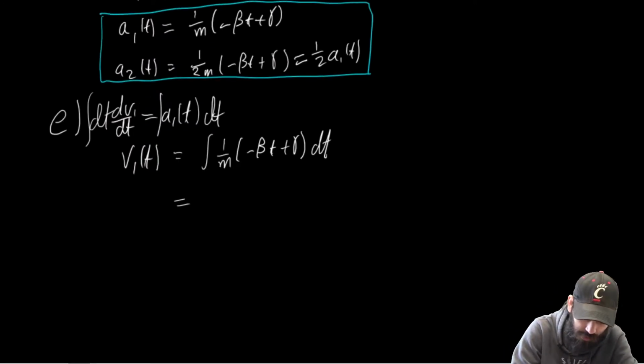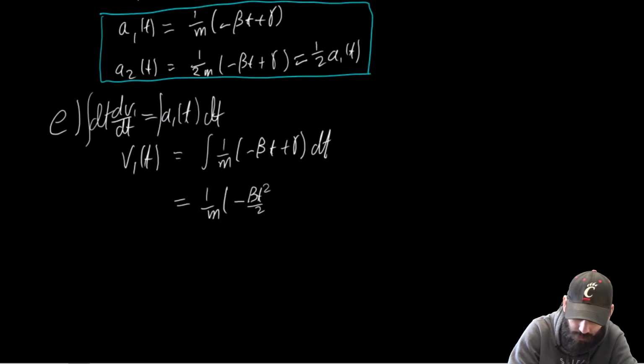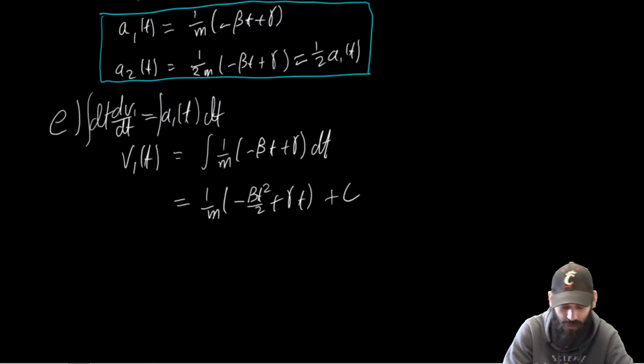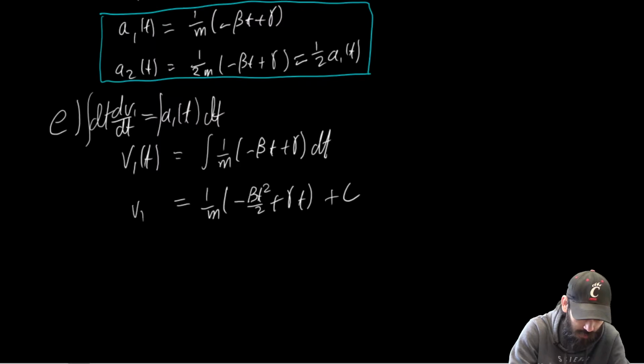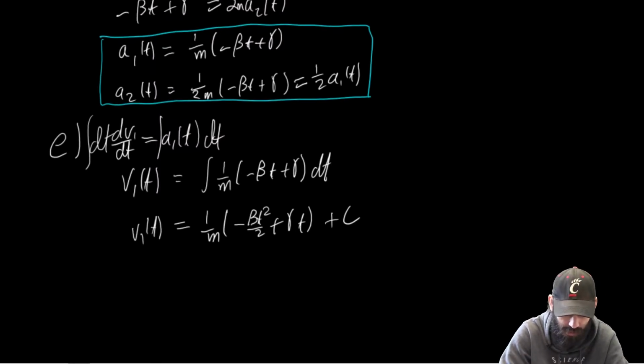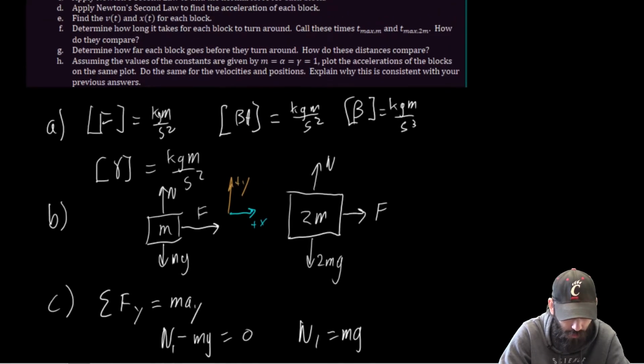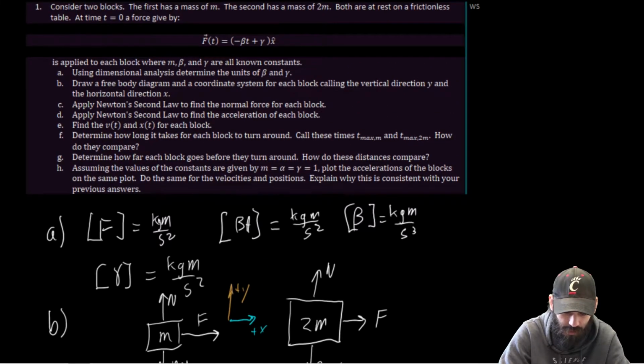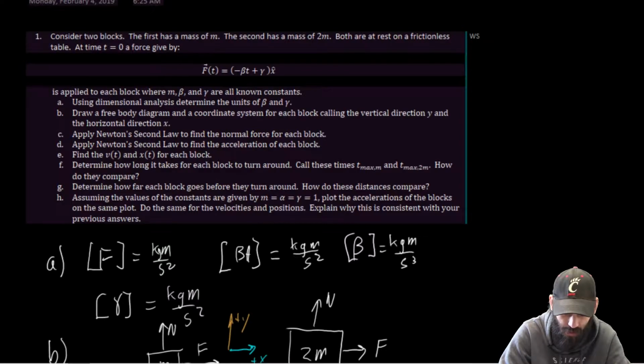Do our integral here. This is going to be 1 over m times minus beta t squared over 2 plus gamma times t plus a constant of integration. So here's our v1 of t. And so ultimately what we want to do here is we want to say that our initial velocity is going to be 0.